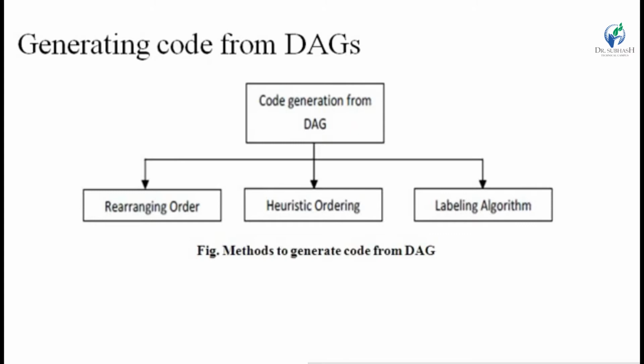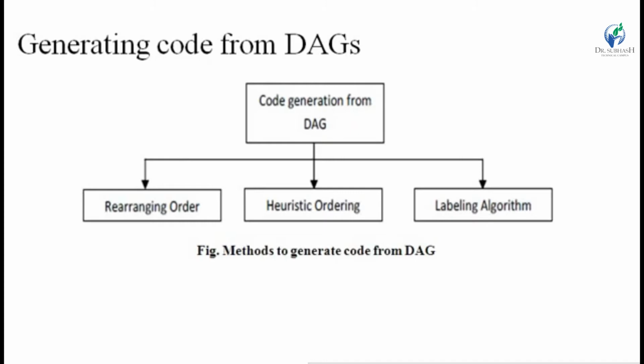Then the improved code will be move C comma R0, add D comma R0, move E comma R1, sub R0 comma R1, move A comma R0, add B comma R0, sub R1 comma R0 and move R0 comma T4.